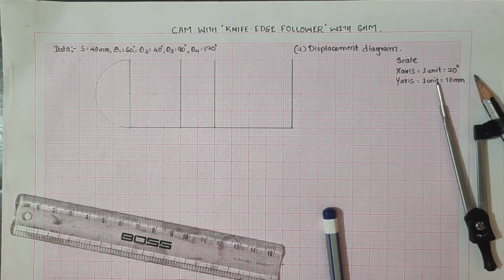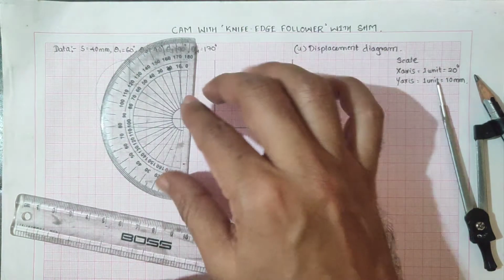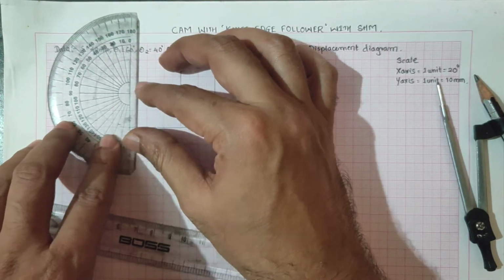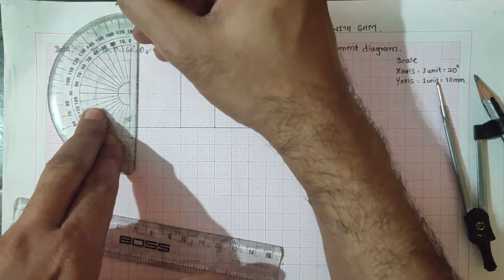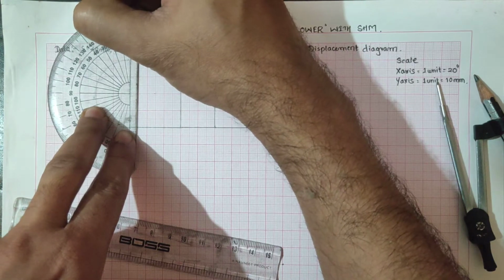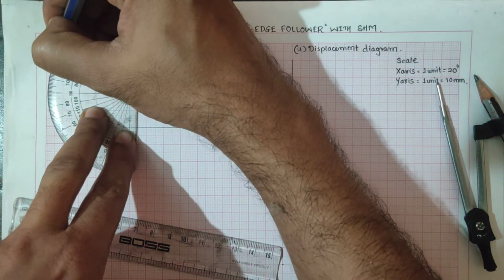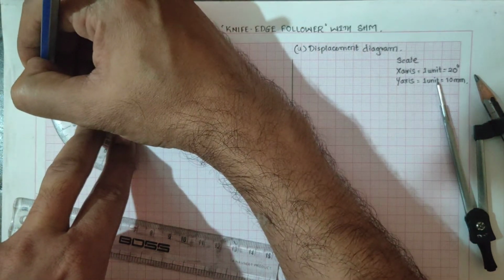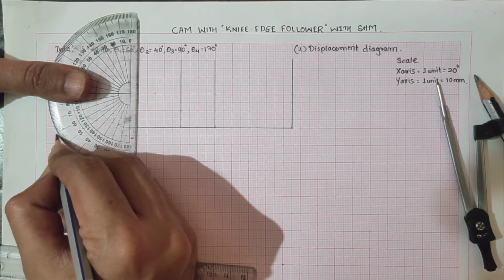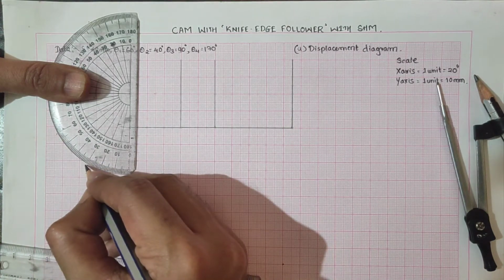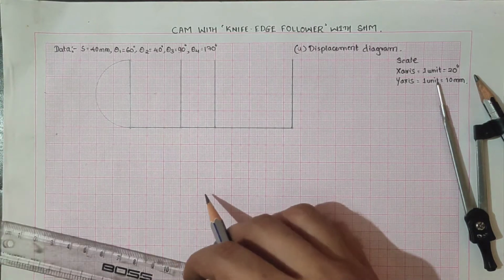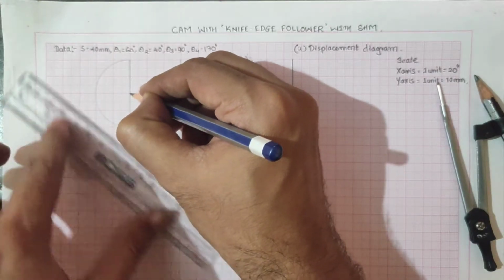Then from there what we have to do is we have to measure 6 equal parts in angle. So the angle what we are going to get here is 30 degree, 60 degree, 90 degree, again here 120. Okay, then project the lines to the particular point.